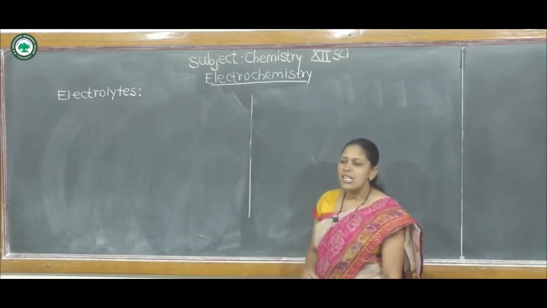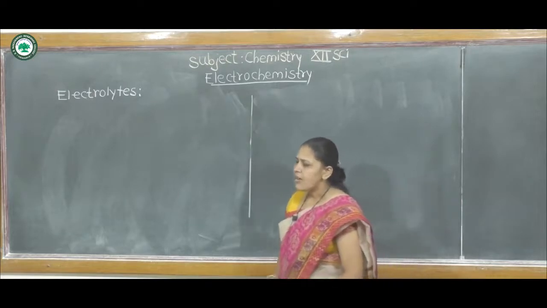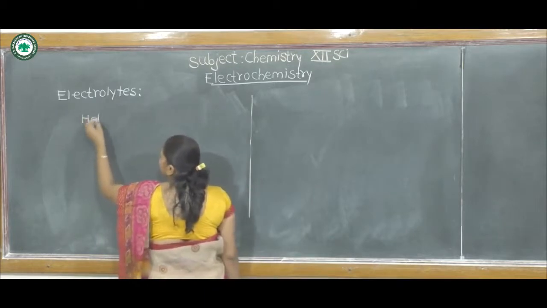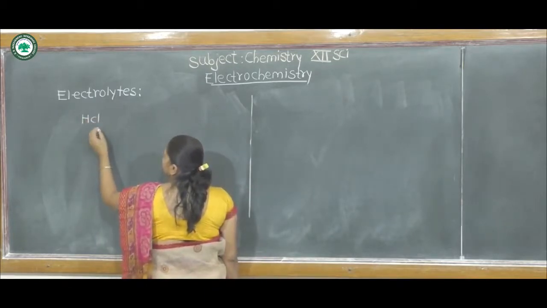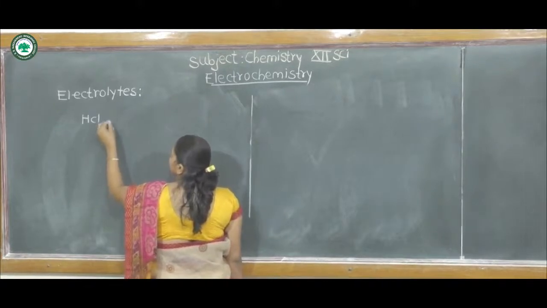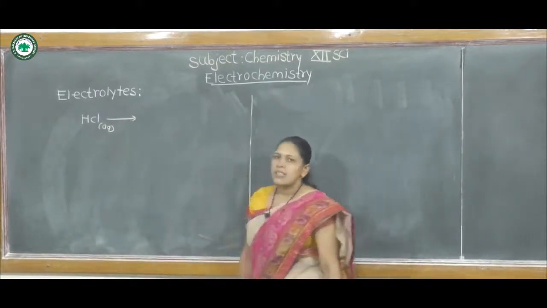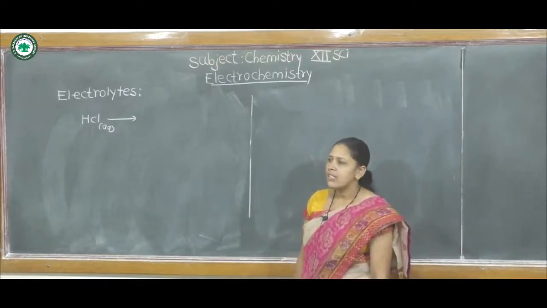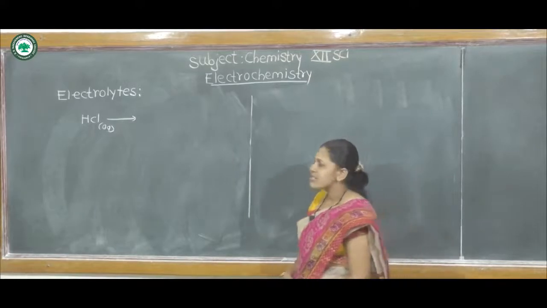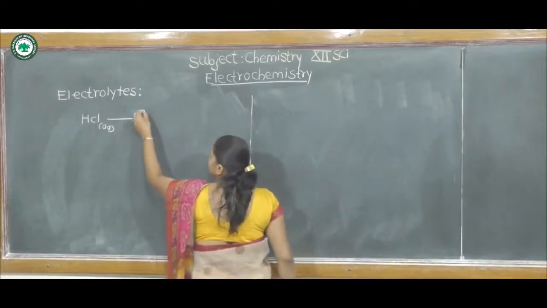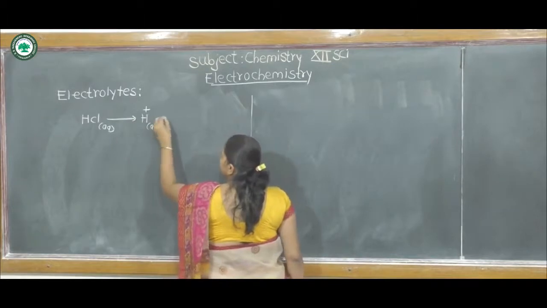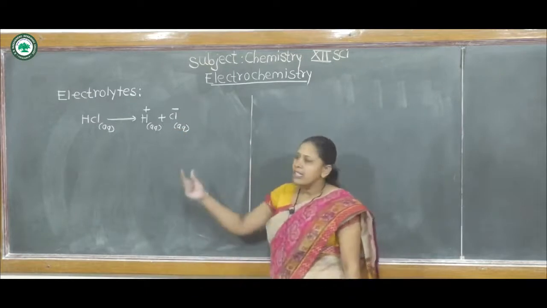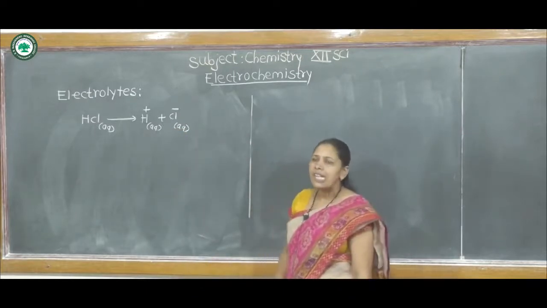For example, HCl: if we add water, then it gets dissociated into its ions, that are H+ ions and Cl- ions, and its aqueous solution conducts electricity.